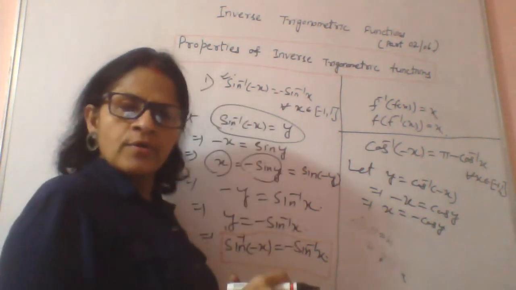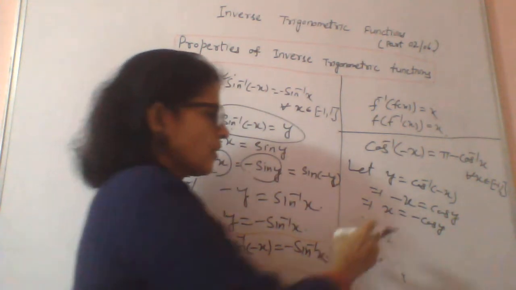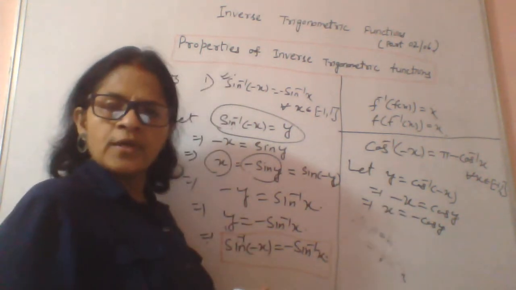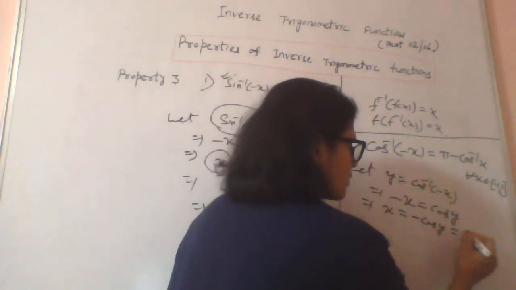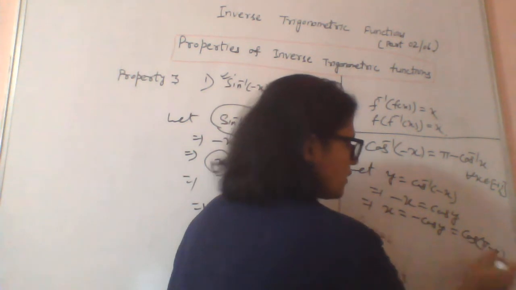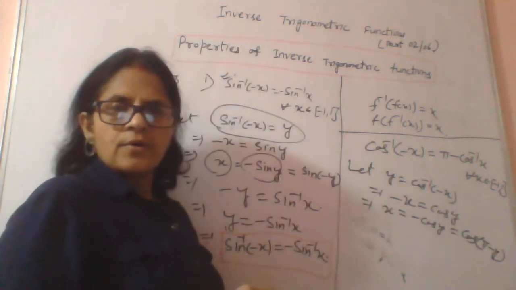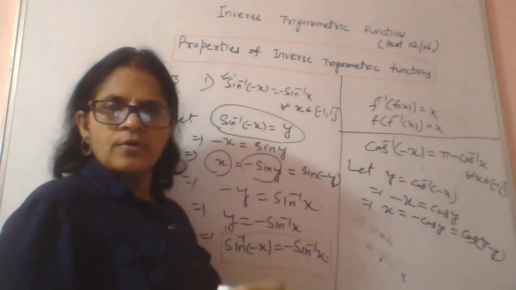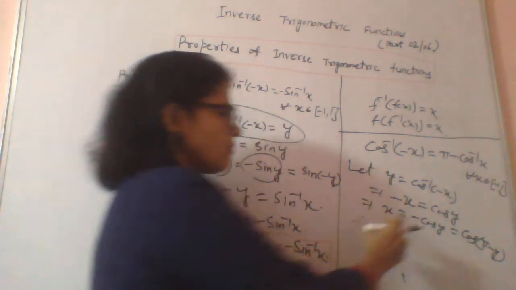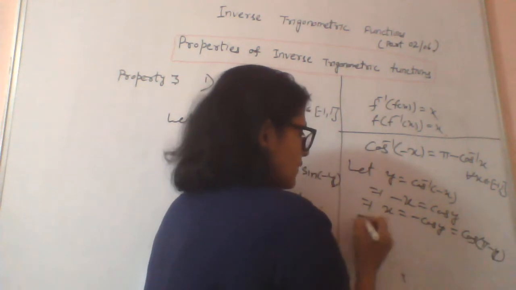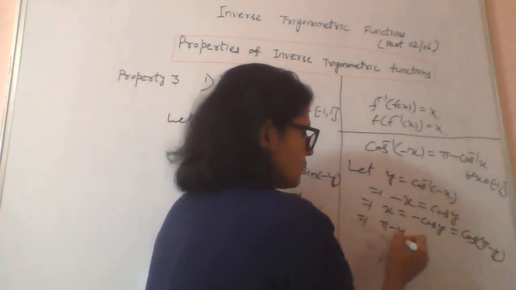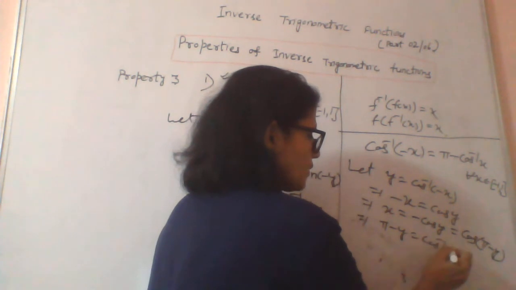So we are not going to the third quadrant to write minus cos y as cos of pi plus y. Rather, we will take cos of pi minus y, which is equal to minus cos y. So minus cos y can be written as cos of pi minus y. It means pi minus y equal to cos inverse x.